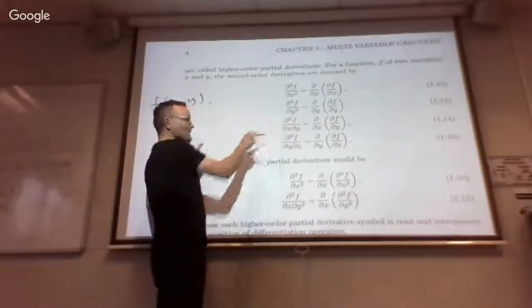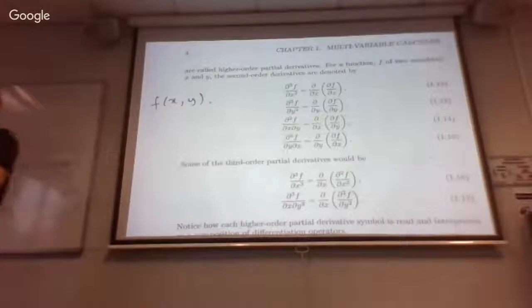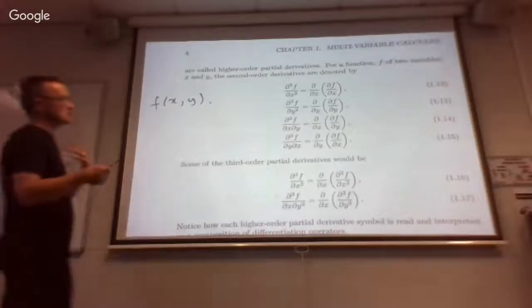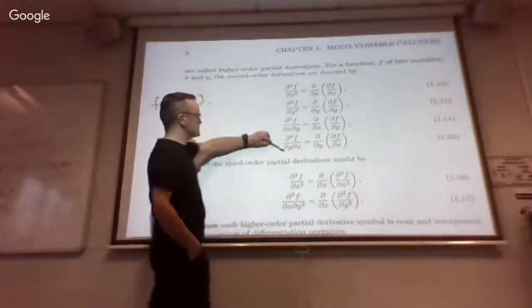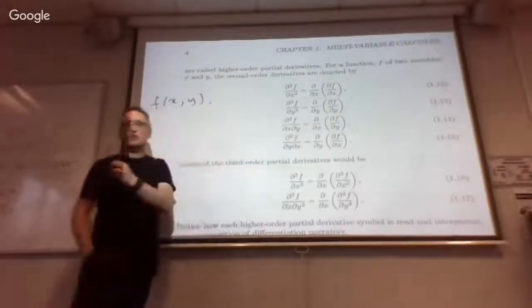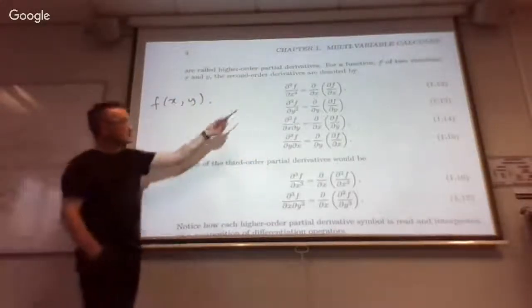Or you can do what's called a mixed second order partial derivative. Differentiate once with respect to x and then with respect to y. And at least at the outset, a potentially different result might come about from differentiating first with respect to y and then with respect to x, because you could do the derivatives in different orders. Okay? So on the left-hand side of these equations is how we notate second-order partial derivatives, and their meanings are shown on the right.